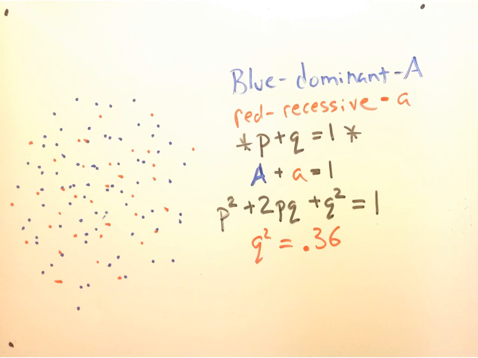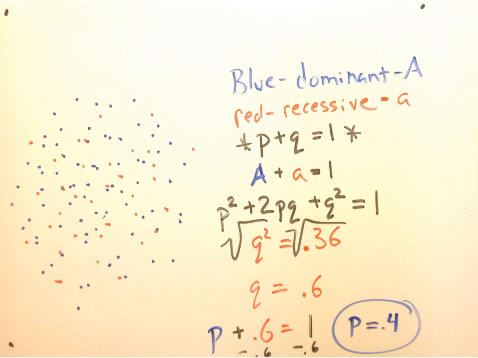And the first thing we have to do is get Q by itself. In other words, take the square root of both sides of the equation. When we take the square root of both sides of the equation, we get Q equals 0.6. Now we can take that 0.6 and put it back into the first equation, P plus Q equals 1. So if Q equals 0.6, then P equals 0.4.